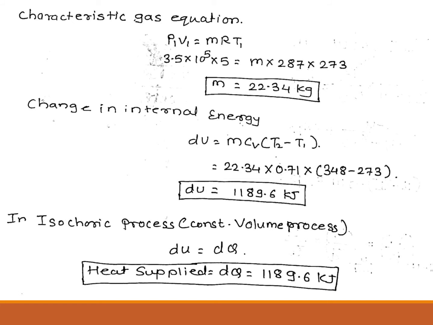After calculation, the change in internal energy is equal to 1189.6 kilojoule. Then heat supply. In an isochoric process, heat supply and change in internal energy are the same. So heat supply is equal to 1189.6 kilojoule.